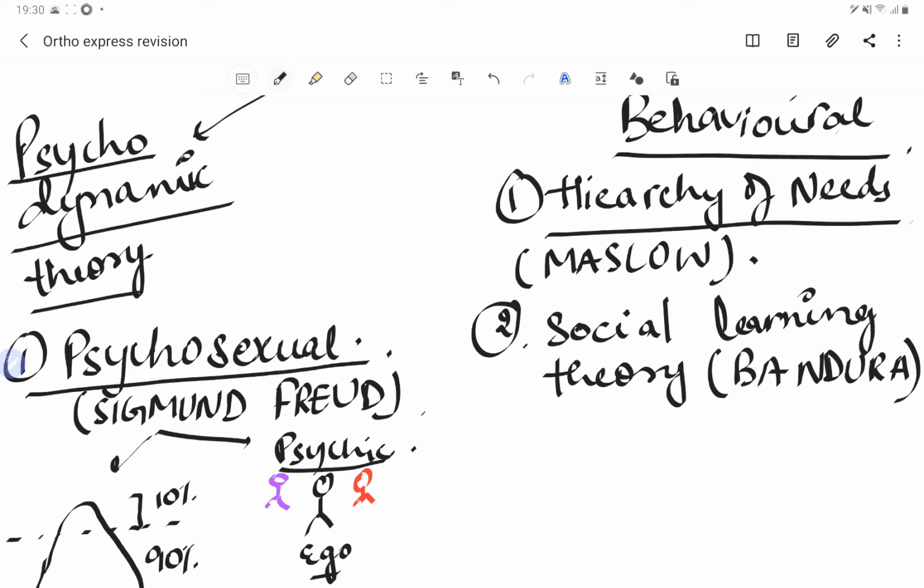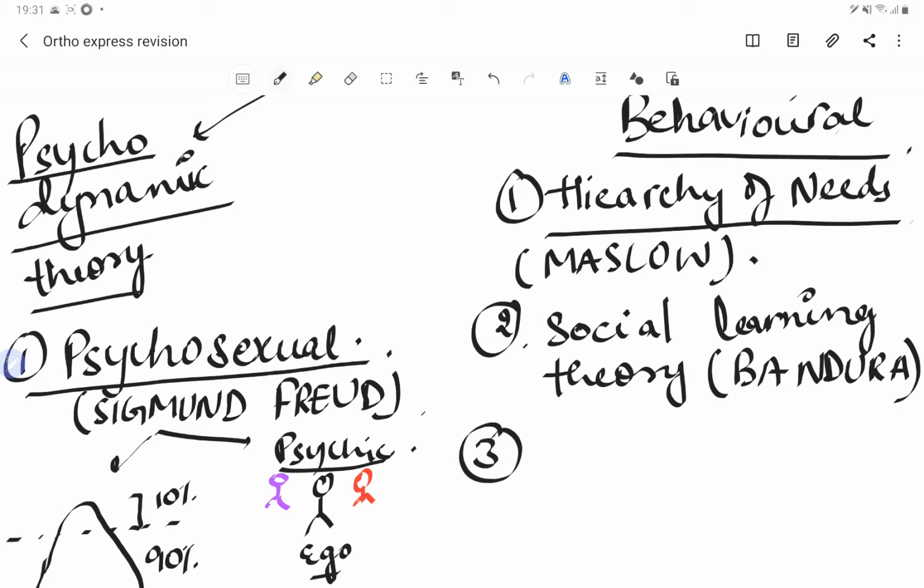It can be best stated by the child who observes the older sibling. When he sees that the older sibling is undergoing treatment and the behavior of the older one, the younger one copies the same behavior. So this is how the child learns from the society.